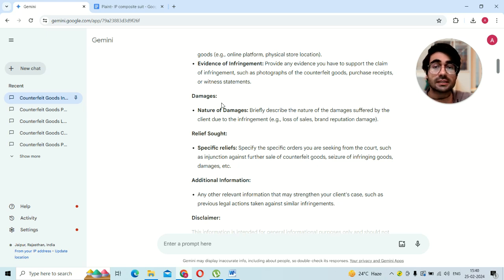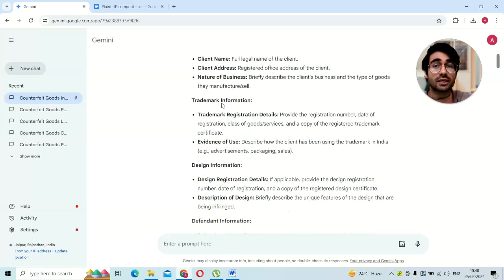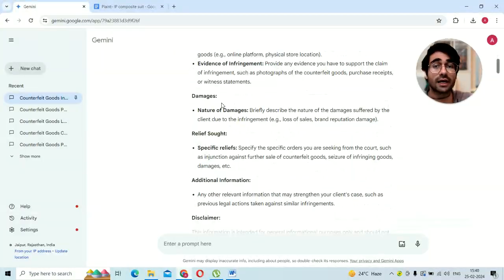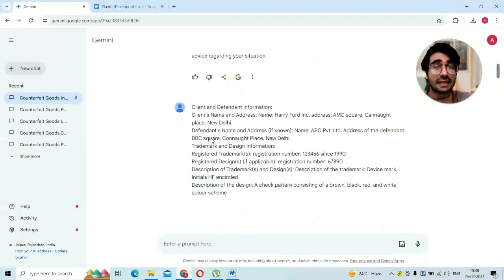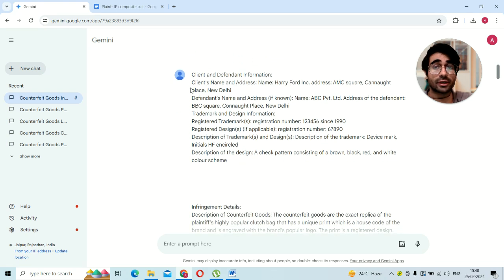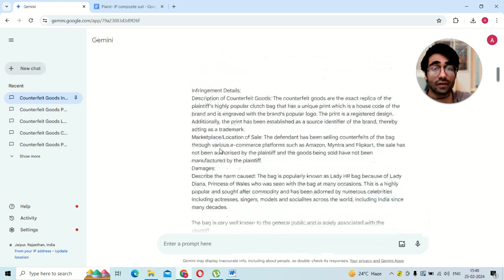All of this was required to be provided by me. So I copied all this information and then provided the relevant information against the relevant head, right? So I provide the client's name, the defendant's name, their addresses, all of that.